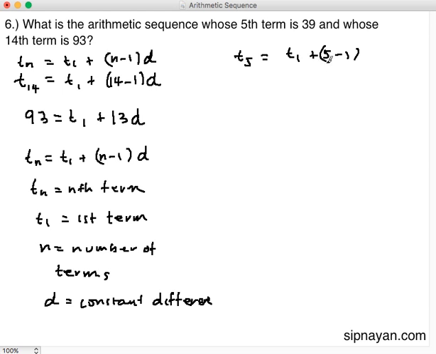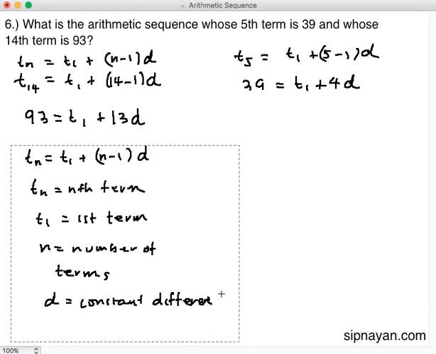Again, 5 is n, times d. And we know that t sub 5 here is 39. So, 39 equals t sub 1 plus 4d. Okay, so, those are the two equations.